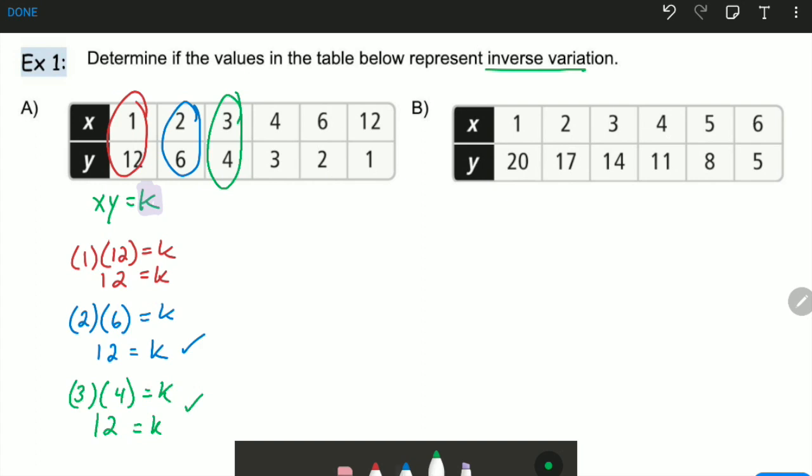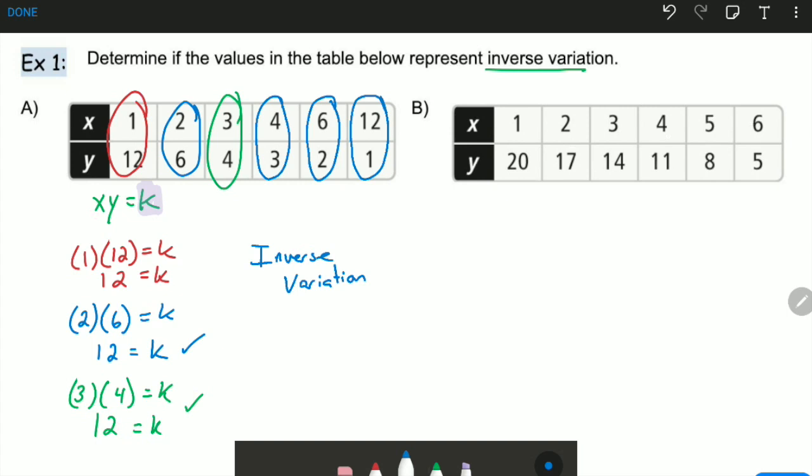And if I continue down the table, just not writing the last couple out, 4 times 3 is still 12, 6 times 2 is still 12, and 12 times 1 is still 12. So the value for k was the same for every set of points on this table. That means this is inverse variation. There are other approaches to doing this, but since we have this equation, that's probably the easiest if we're using that equation.